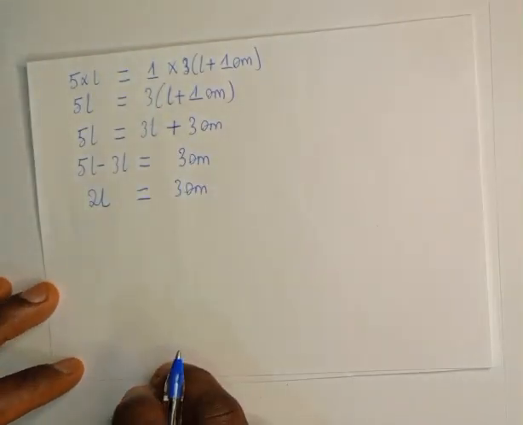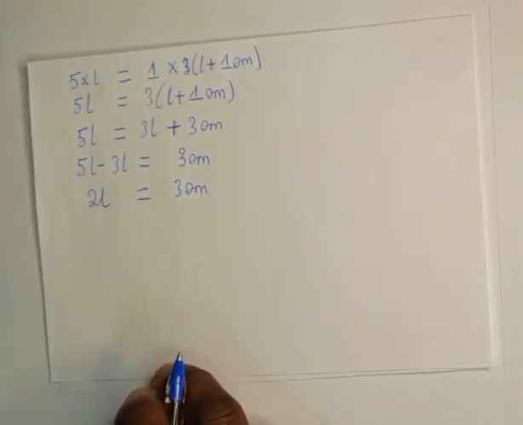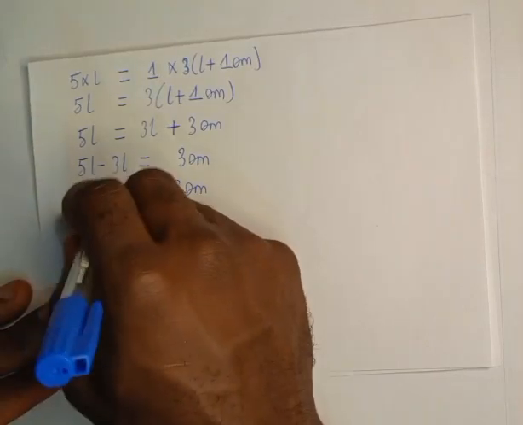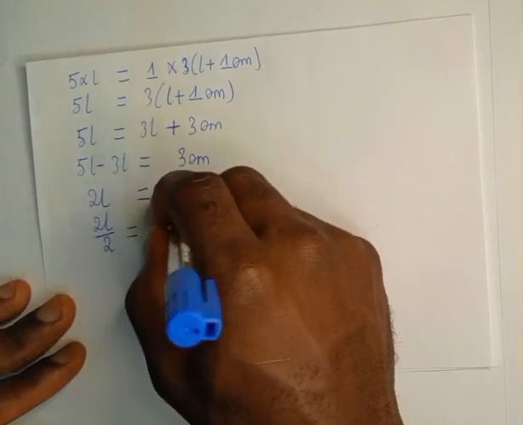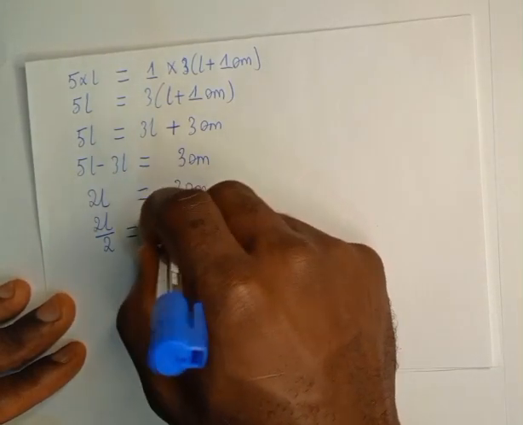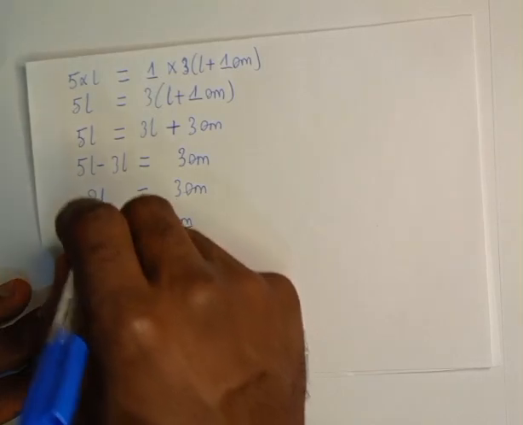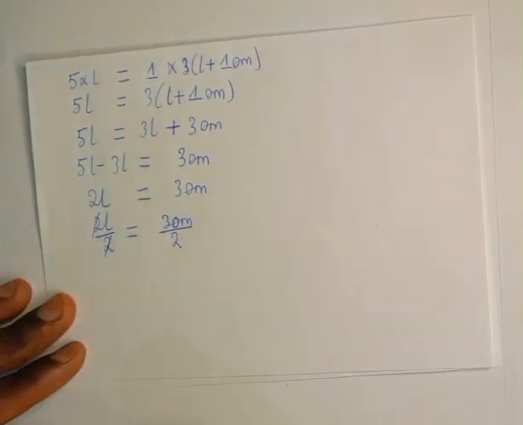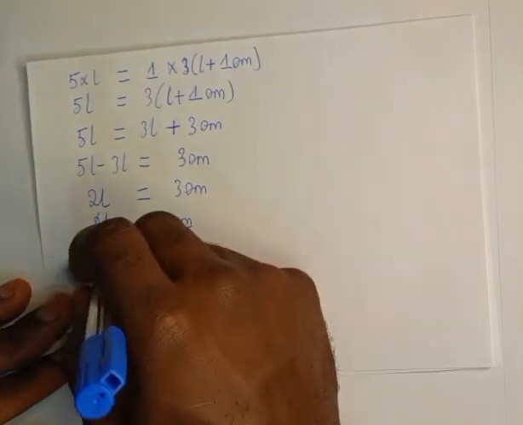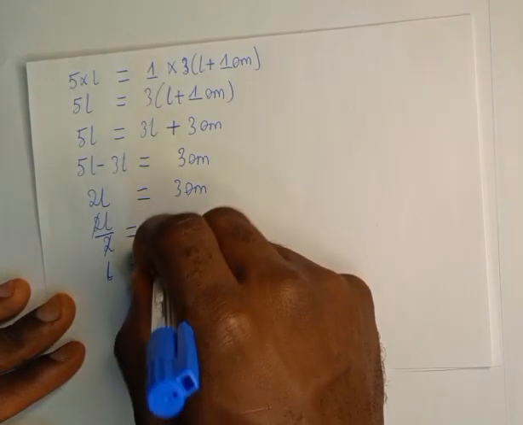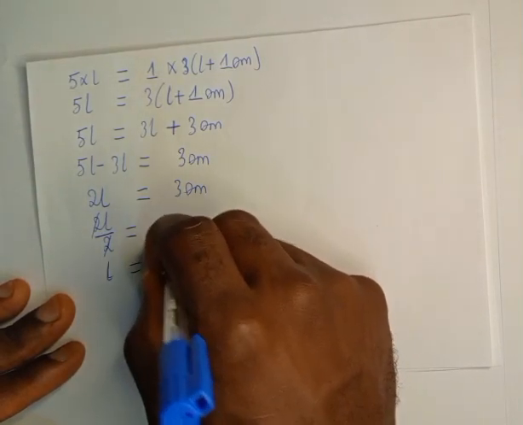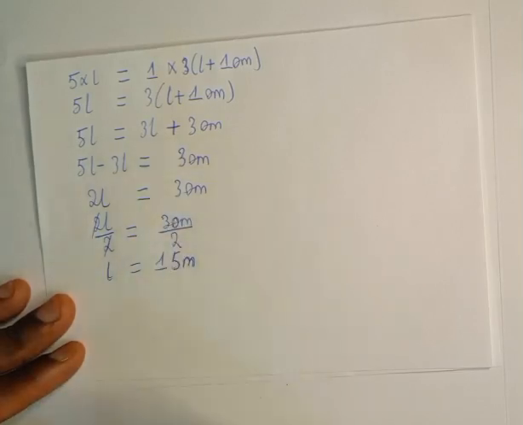The next step, for us to get the value of L, we are going to divide both sides by 2. 2L divided by 2 is equal to 30 meters divided by 2. The 2 will strike off the 2 at the left hand side. We'll be left with L is equal to 30 meters divided by 2, which is 15 meters.